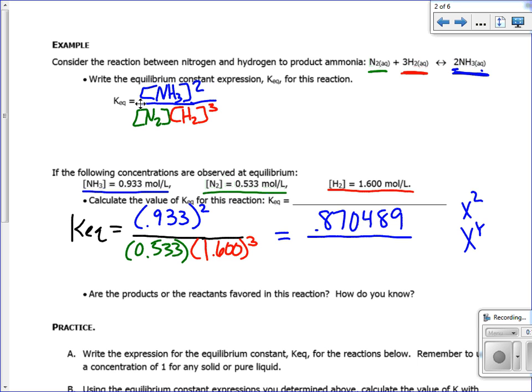But yes. So if I put in here 1.6 and I do x to the y and then type a 3, it's going to cube it for me. But I still need to continue and multiply it by the other number on the bottom, 0.533. So what's the number that's going to go on the bottom? 2.183160. Okay, and I know this would be much easier doing the graphing calculators, but we're not going to be using them on the SOL. So we want to make sure that we're doing this correctly.